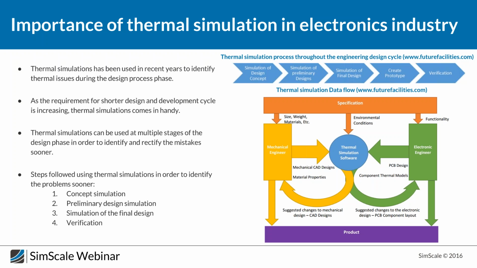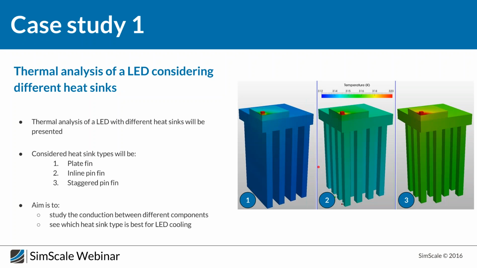These environmental conditions affect the result a lot. If you have a blowing fan, for example, the convection would be more, so the heat loss would be more. These environment conditions are also given to the thermal simulation software, where you can then decide whether natural convection is okay or whether we need forced convection. These are the things considered in environmental conditions.